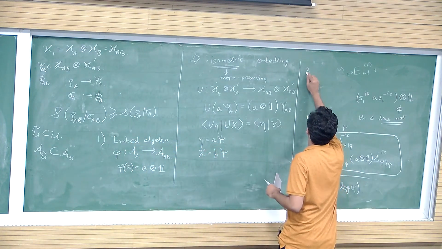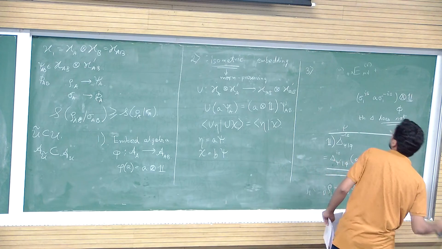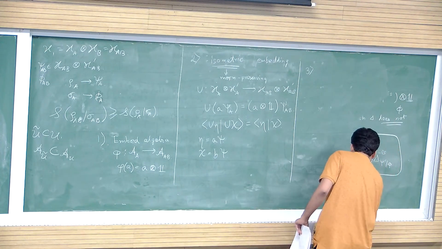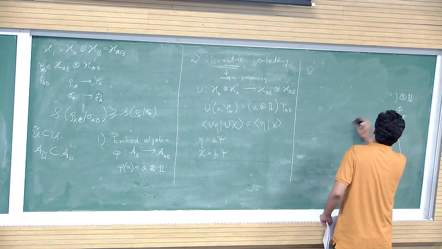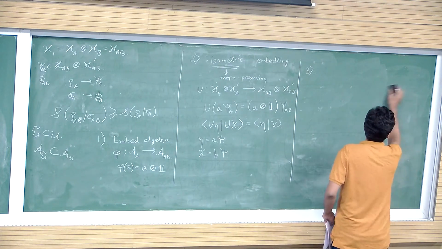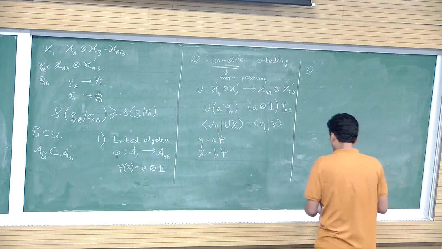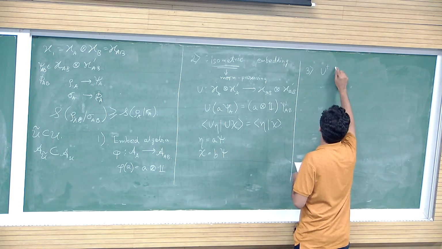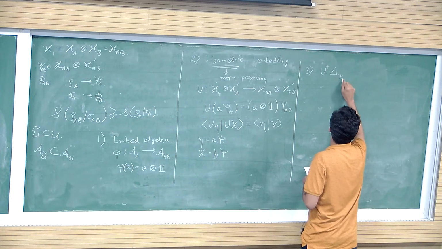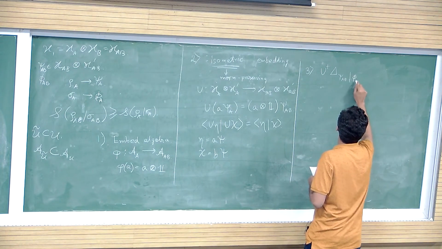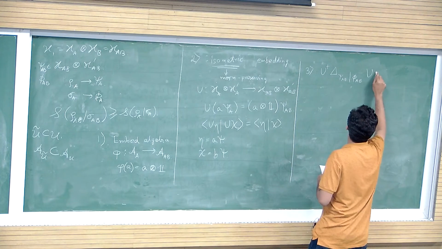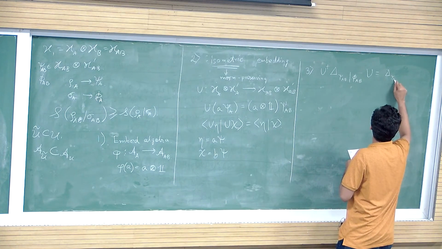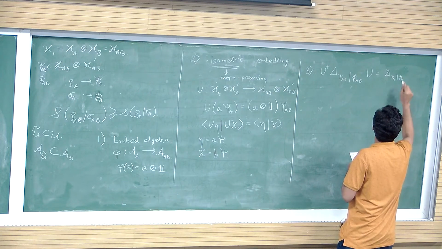Number 3. This is again a 3-4 line calculation, but what one can show is, if this is what U is, then there is a nice result, which is that U dagger Delta_{psi_AB, phi_AB} U is equal to Delta_{psi_A, phi_A}.